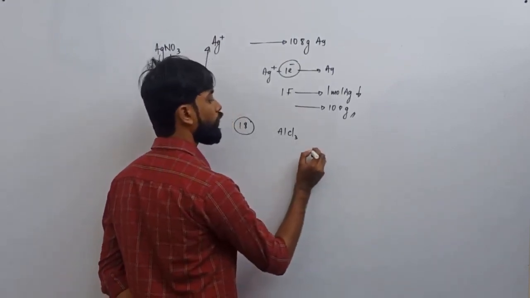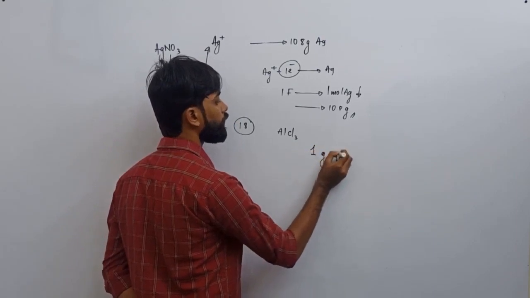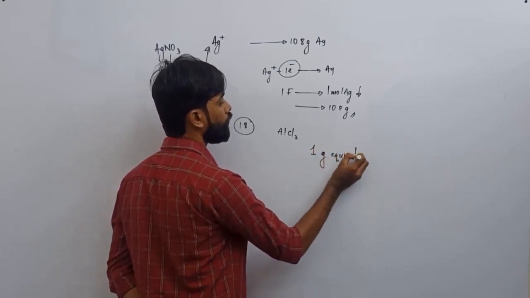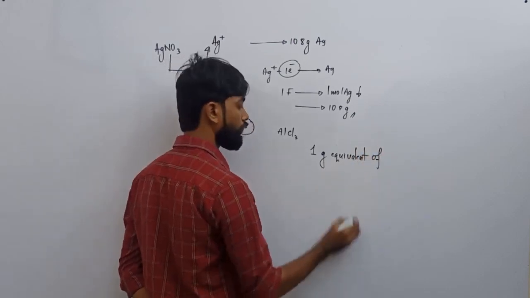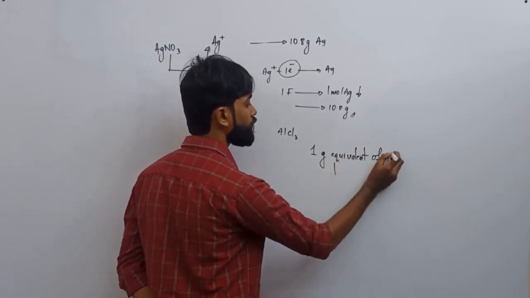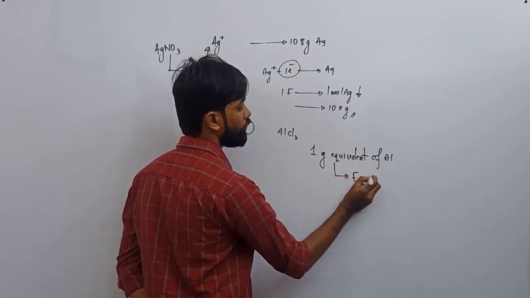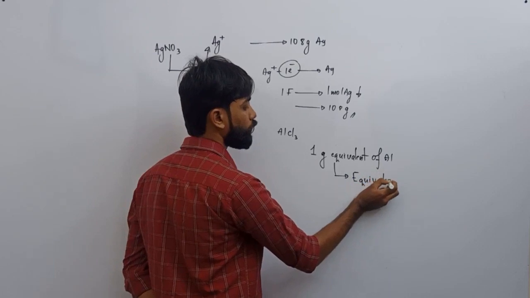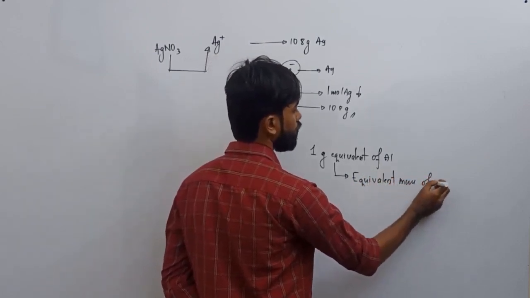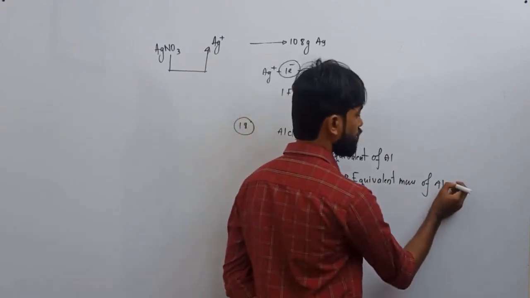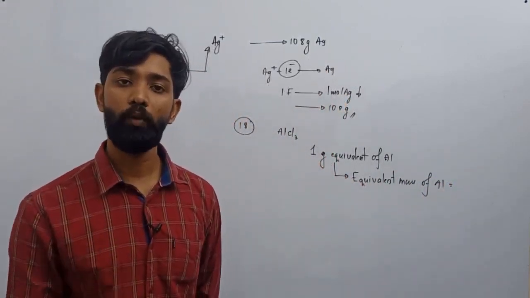Okay. So we want to deposit 1 gram equivalent of aluminum. We all know that 1 gram equivalent of aluminum means we want to deposit 1 equivalent mass of aluminum. To deposit the equivalent mass of any substance, we just supply 1 farad.